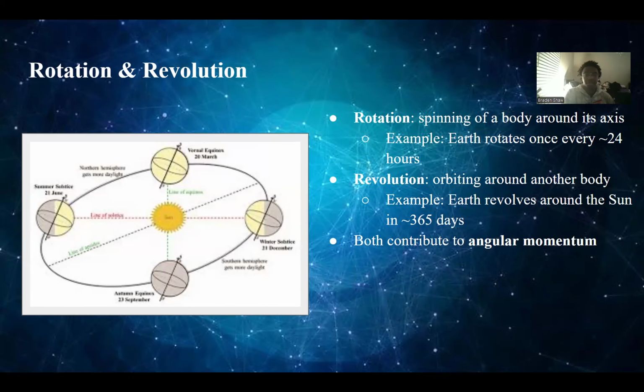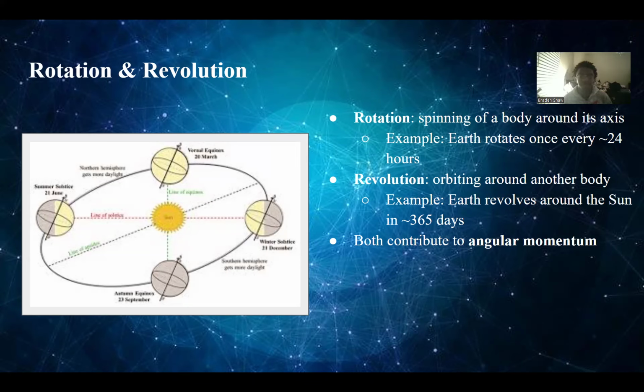Our next topic will be rotation and revolution. Now let's talk about these two essential types of motion, rotation and revolution. Rotation refers to the spinning of a body around its internal axis. A familiar example is Earth rotating once every roughly 24 hours, which gives us day and night. Revolution, on the other hand, is an object's orbital motion around another body.